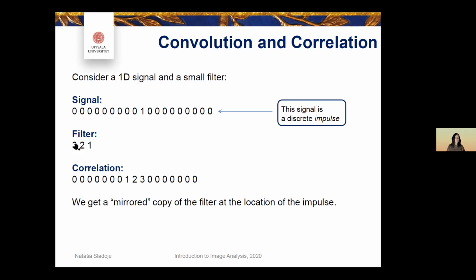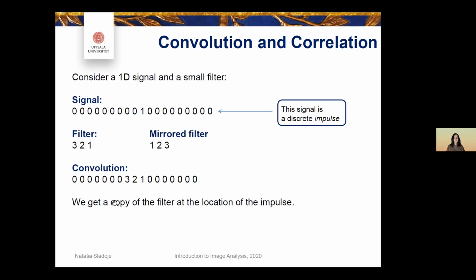It is somewhat shortened by 2 because of fitting this filter only fully where it can fit, and the rest is just ignored. But what we notice here is that we have a mirrored copy of the initial filter at the location of the impulse. We didn't mirror the filter before applying correlation, but the impulse will detect and flip, or mirror, the filter, or resonate in that sense with the filter.